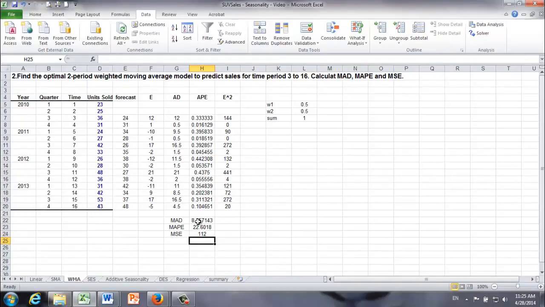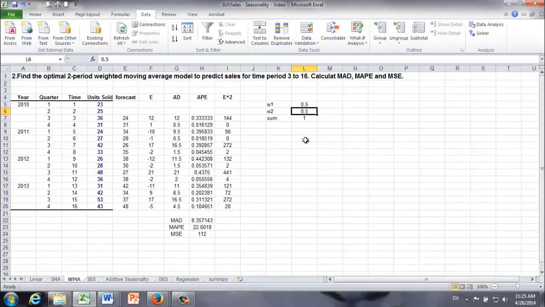Probably you remember that those three numbers were identical to their counterparts in the simple moving average. It shouldn't be a surprise because W1 equals W2 equals 0.5. That means time period 1 and 2 carry the same weight, and it gives you nothing but the simple moving average.